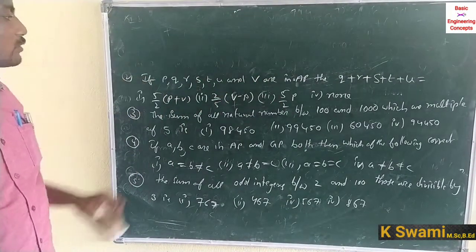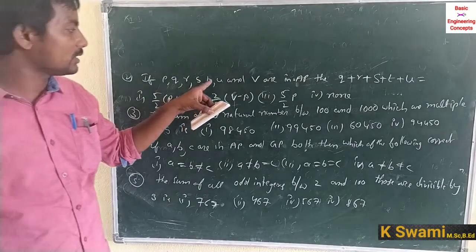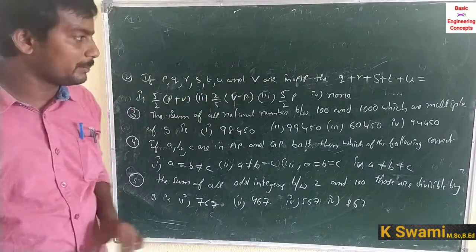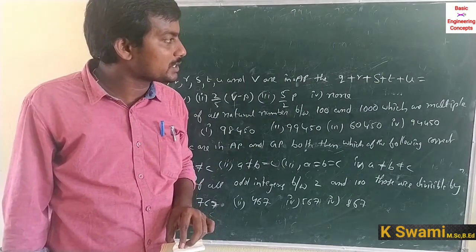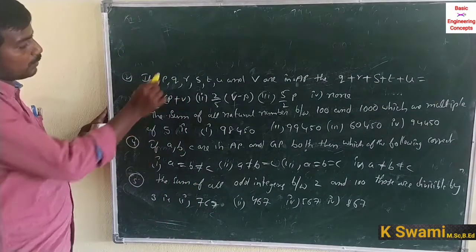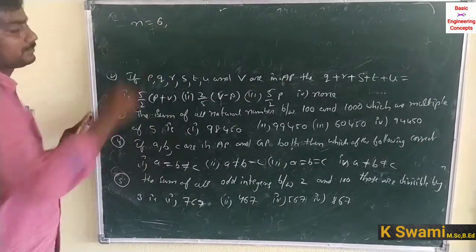సో అండ్ సెకండ్ క్వశ్చన్, if P, Q, R, S, T, U and V are in AP, so the Q plus R plus S plus T plus U, how many terms? 1, 2, 3, 4, 5, 6. So n is equal to 6.